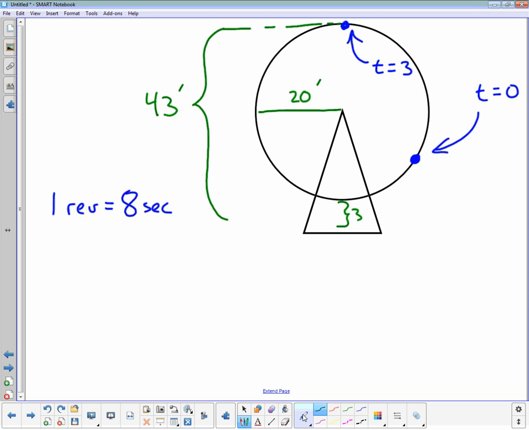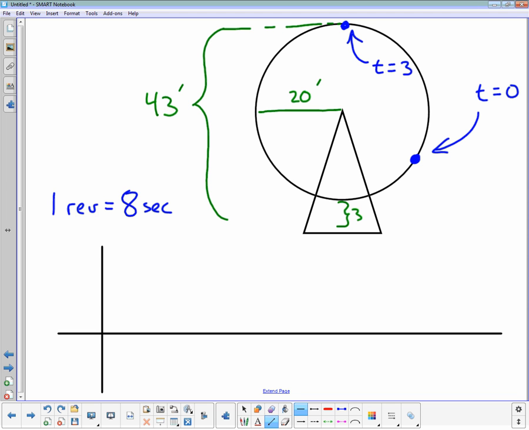So this one begins by asking us to sketch a graph of this sinusoid. First, what is my amplitude? 20, right?